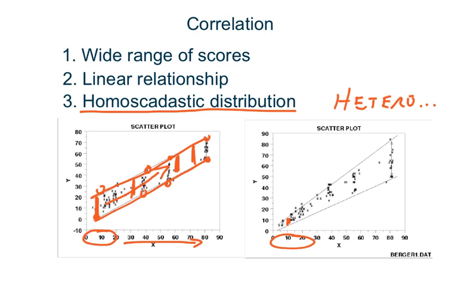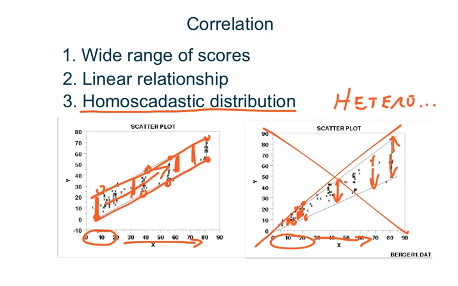But as we move up in x, the spread between the highest and lowest y's gets wider and wider. In other words, the variability in y changes as we change our x. And that is bad. We don't want a heteroscedastic distribution. Luckily, it doesn't happen very often, but we do want to visually inspect it.